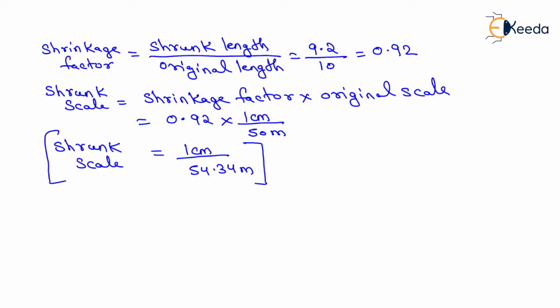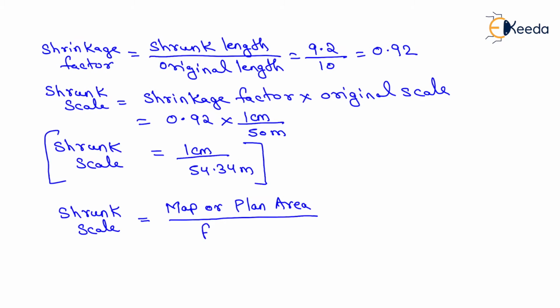Now after finding the shrunk scale, we will compute the field area. We know that shrunk scale or simple scale will be equal to map distance upon ground distance. So if we want to compute the map or plan area divided by field area, we have to use the square of the scale.